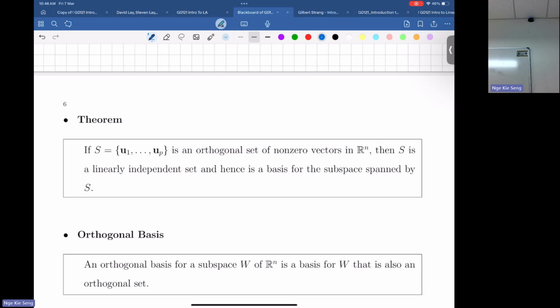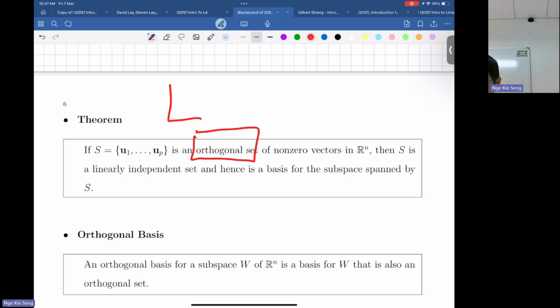This matches up with your intuition for the standard basis in R2, or the x-axis, y-axis, z-axis: they are 90 degrees to each other, and they are linearly independent of each other. So this is the third way to do the checking. You just need to check that the set is orthogonal, then it will be linearly independent.